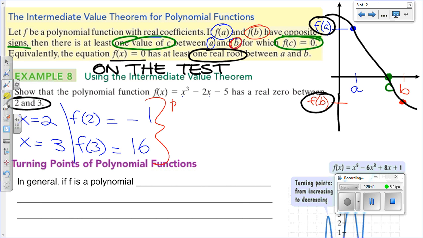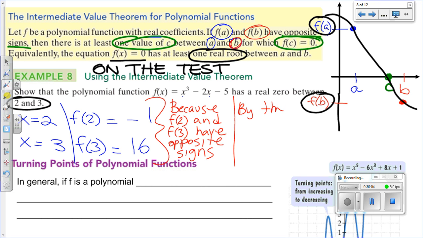So because f of 2 and f of 3 have opposite signs, this is how you want to answer your question on the test.